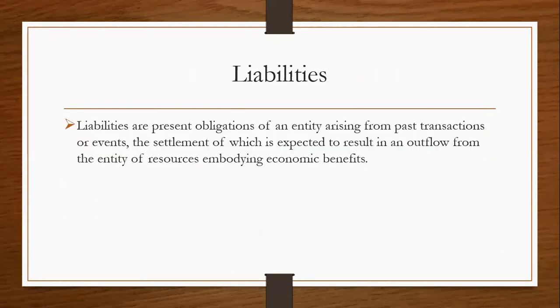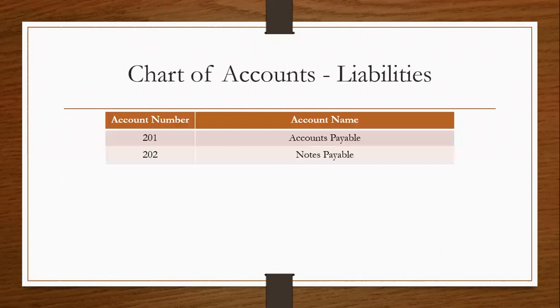So let's proceed to liabilities. Liabilities are the present obligation of an entity arising from past transactions or events, the settlement of which is expected to result in an outflow from the entity of resources embodying economic benefits. Here are the common examples of liabilities.